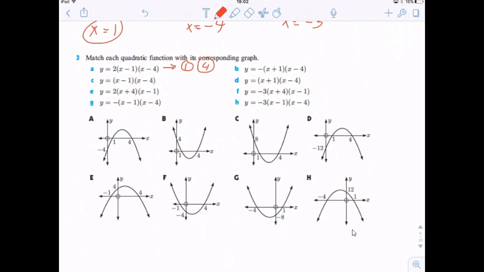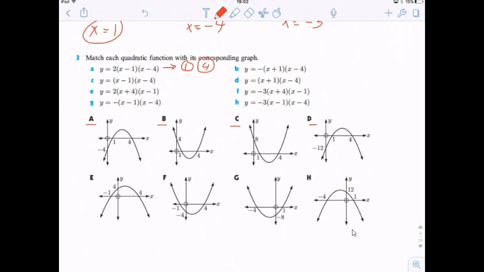So let's see. Do we have that? Yeah, actually we have this one, we have this one, we have this one. Wow, a lot of them have these roots. There's 4 with the same set of roots. So how do we narrow that down?